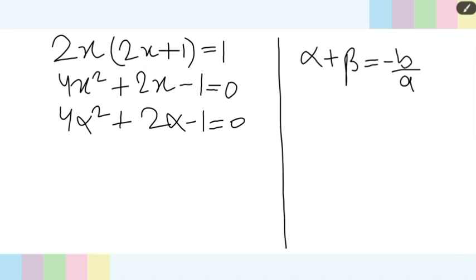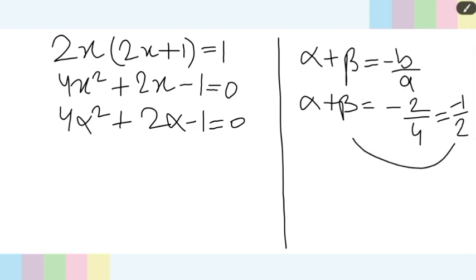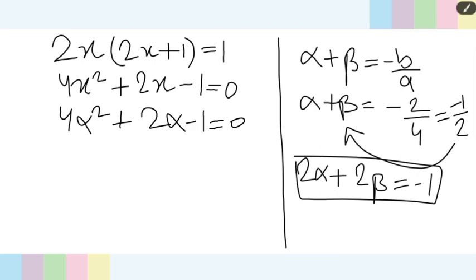So if we substitute b and a from the equation, we will be getting alpha plus beta is equal to minus 2 upon 4, which is equal to minus 1 upon 2. And if we multiply the 2 with alpha plus beta on the LHS, we'll be getting 2 alpha plus 2 beta is equal to minus 1. This is an important conclusion that we have reached.